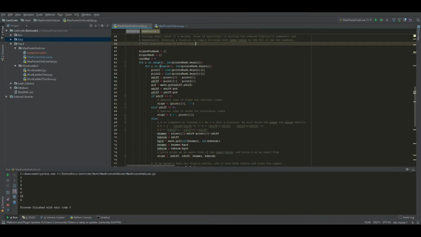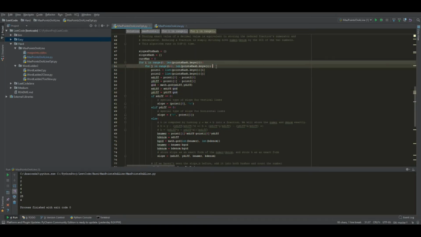All we need to do is compute every pair, see what line that pair generates by storing m and b, and then count the number of times that m and b occur by adding the number of points for that specific coordinate.